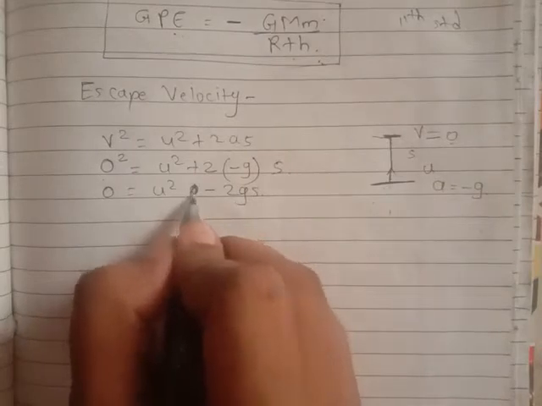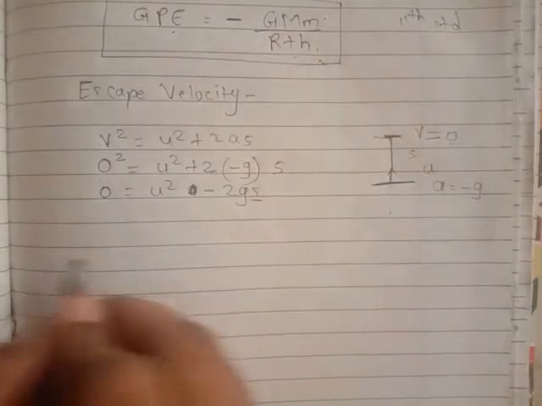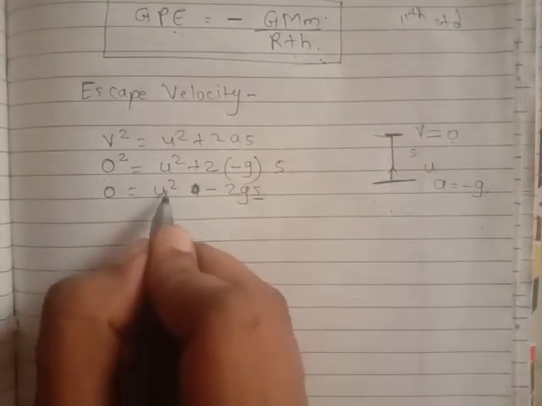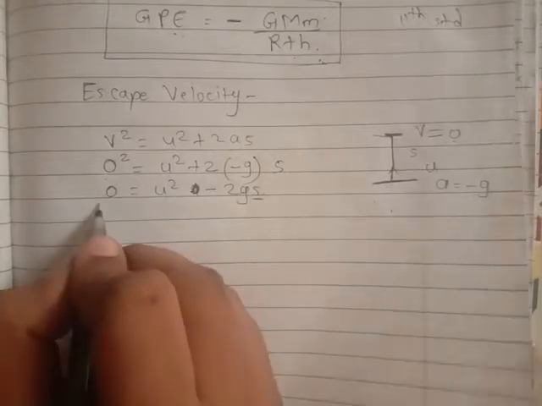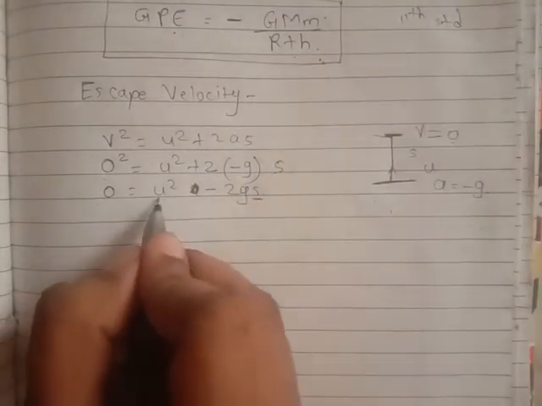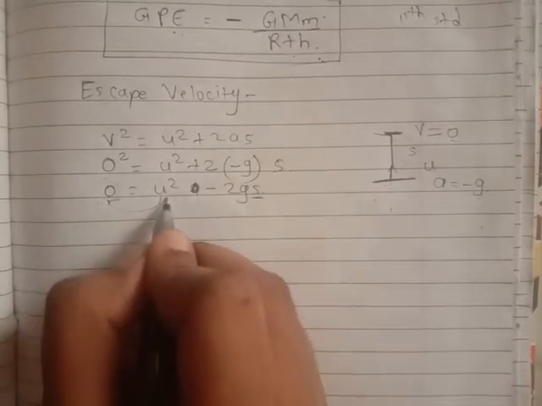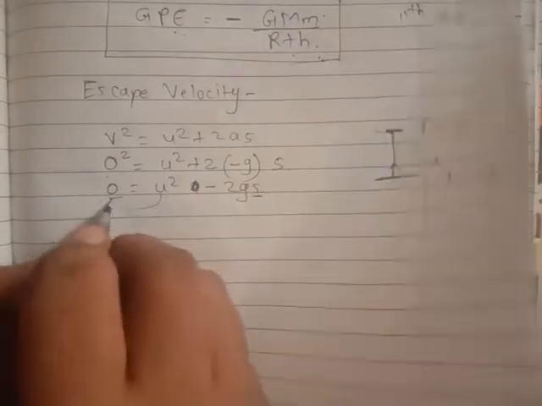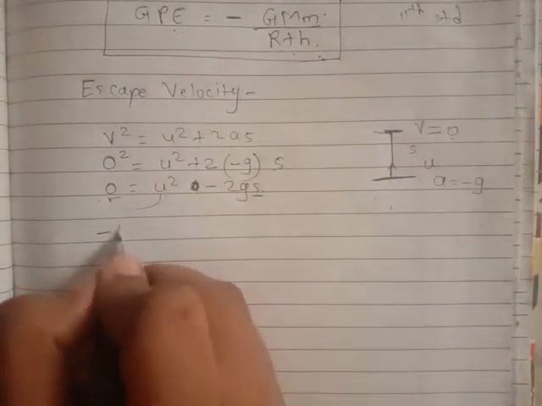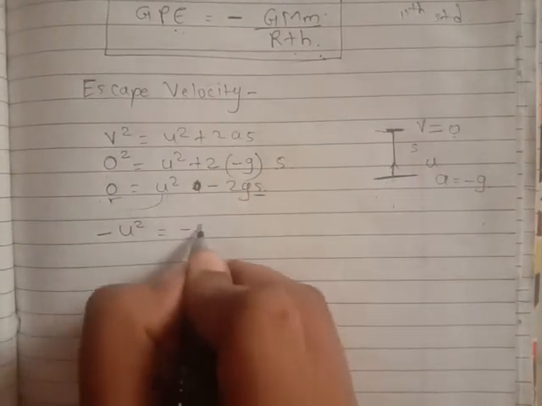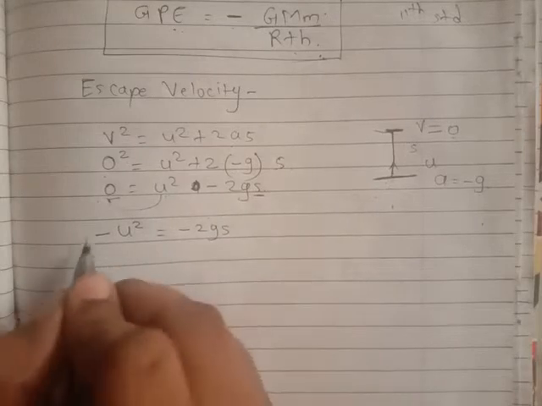Now if I adjust this equation for s, what can I write? First of all, I have to transfer u square to the other side. It will come to the 0 side, and as it is in plus here, it will be subtracted from 0. Therefore it becomes minus u square is equal to minus 2gs.